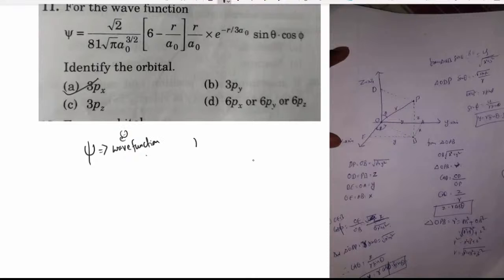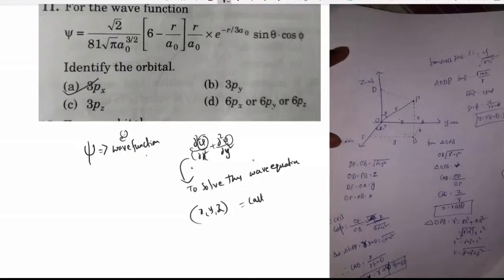In the Schrodinger wave equation: dou square psi by dou x square plus dou square psi by dou y square, and so on. Is it right or not? This is the Schrodinger wave equation. To solve this wave equation, we are converting the Cartesian coordinates x, y, z. These x, y, z are called Cartesian coordinates.